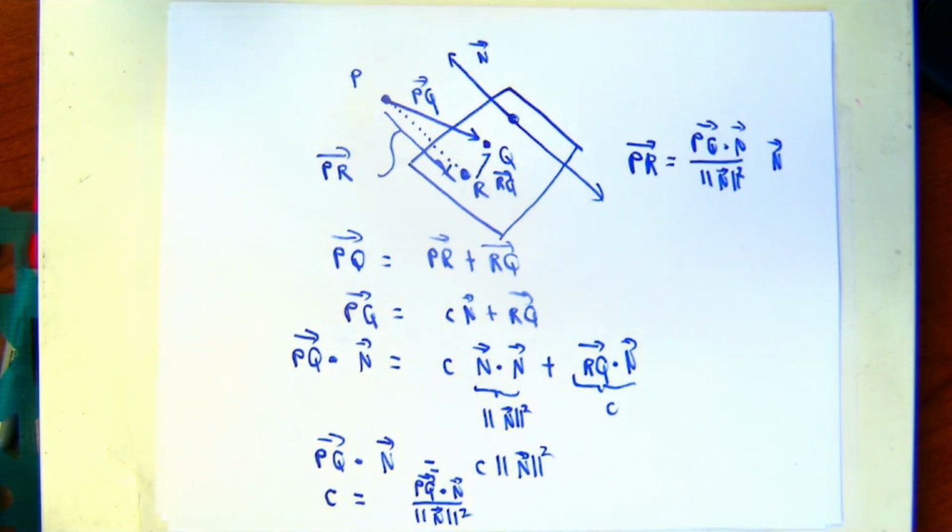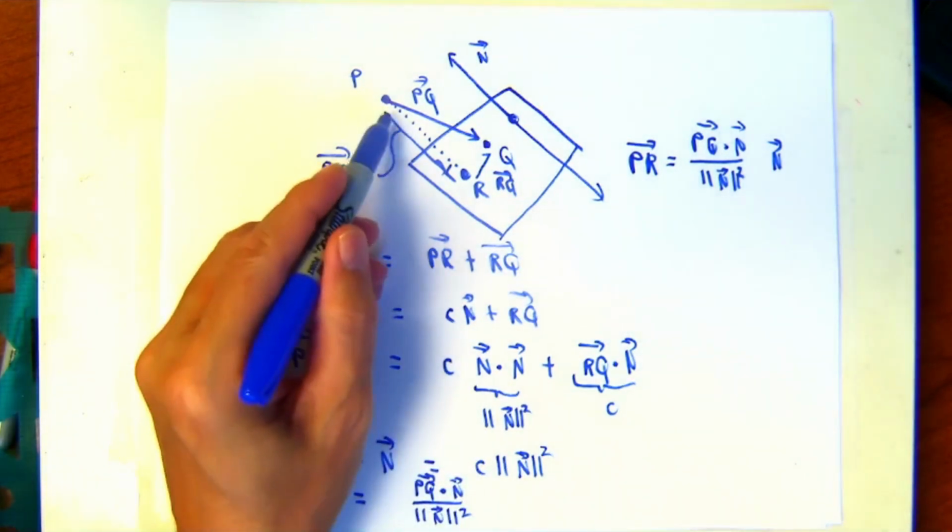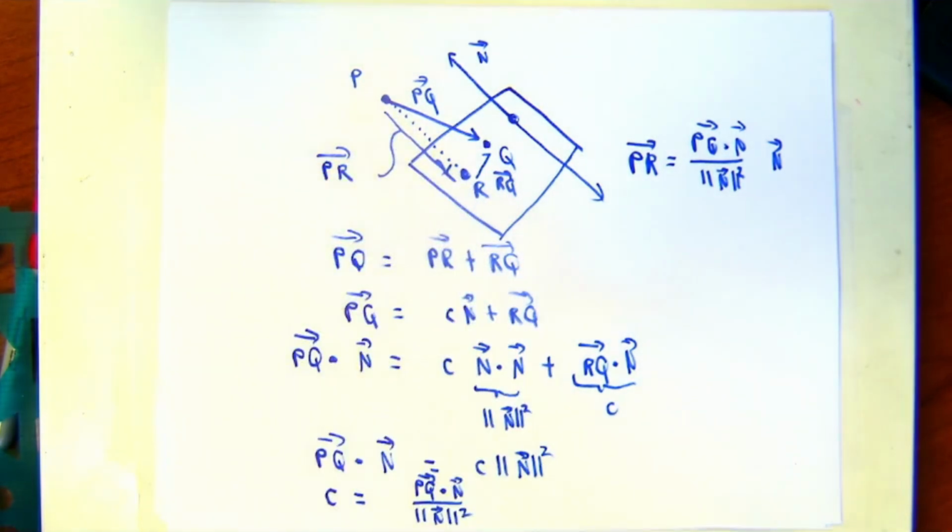So crazy though it may seem, I've managed to find the vector from P to R without ever stating what R was. Moreover, the length of this vector, the vector from P to R, is the perpendicular distance to the plane.